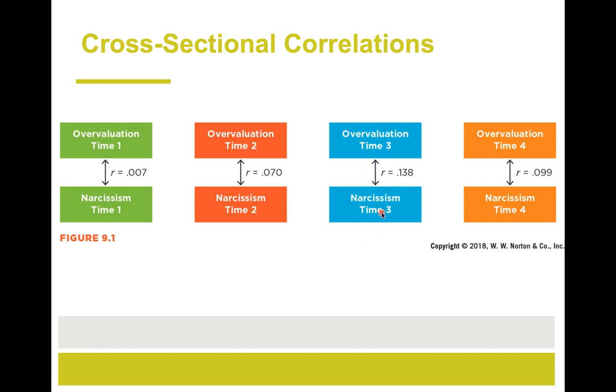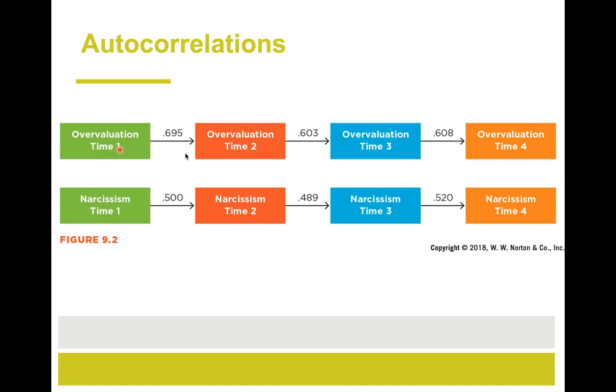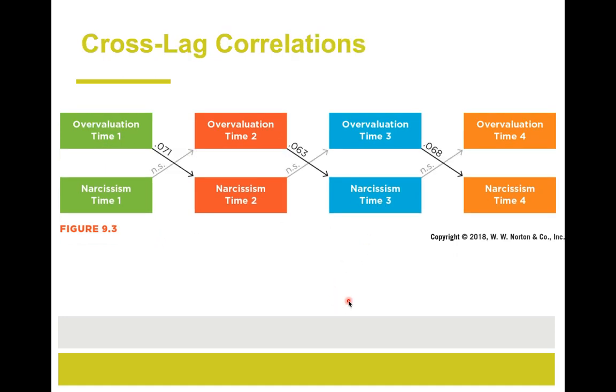But with this longitudinal design, we can do something really cool called a cross-lag correlation. So we can say, does parental overvaluation at time point 1, is it related to narcissism at time point 2? Because if we cross over, that's why it's called a cross-lag correlation, then I've established temporal precedence, right?